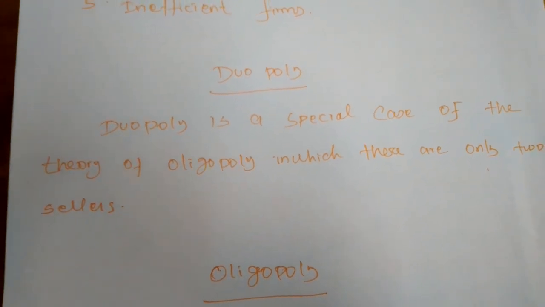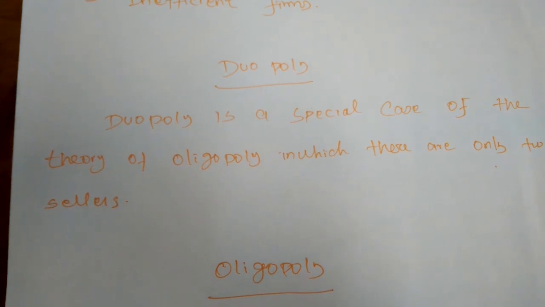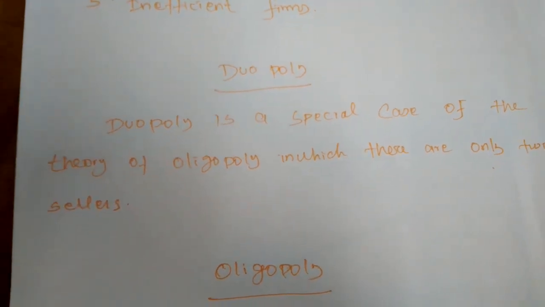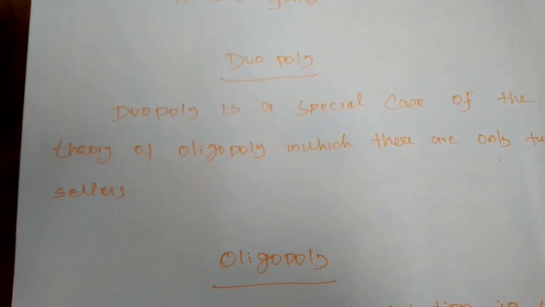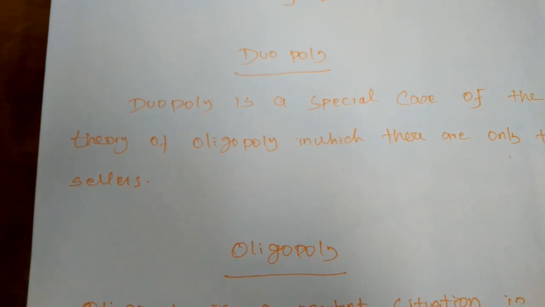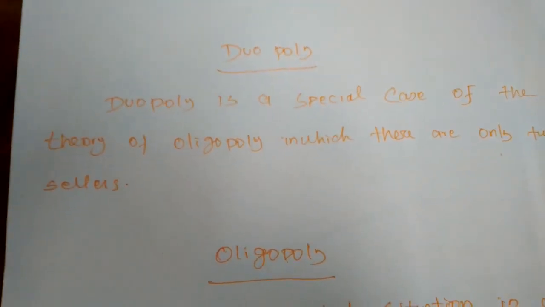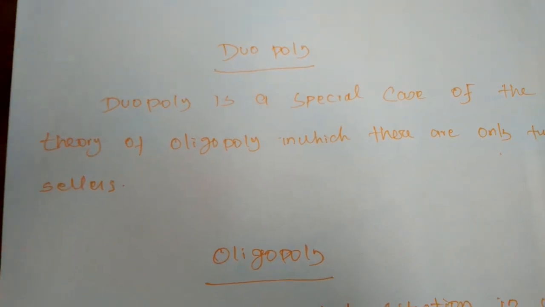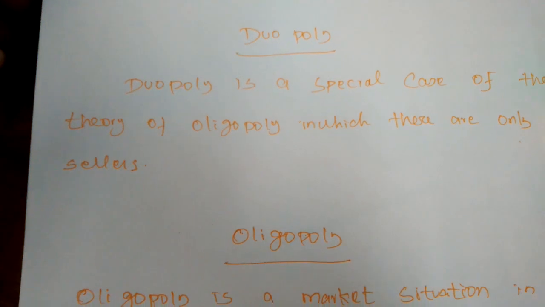In whichever way the rivals undertake their business activity, it will be observed by the other seller. Next, both sellers may collude. May collude means they agree on all matters, usually indirectly, but sometimes they come to an agreement directly also.